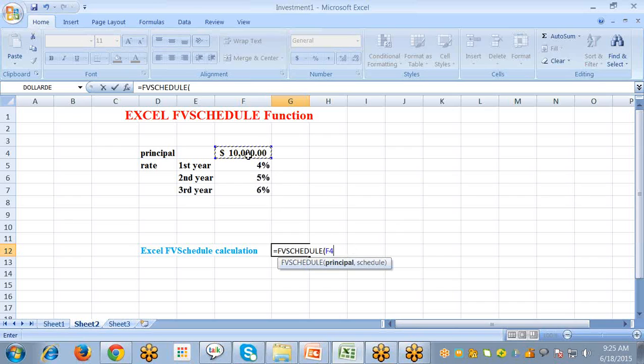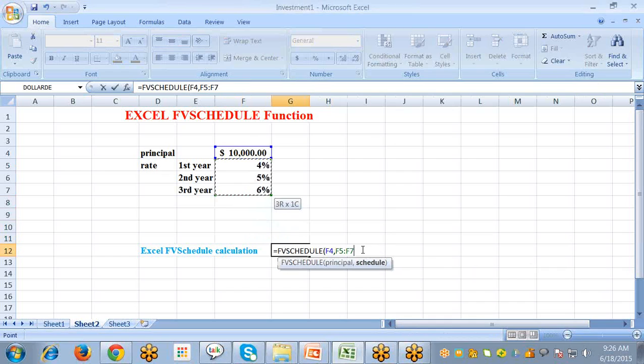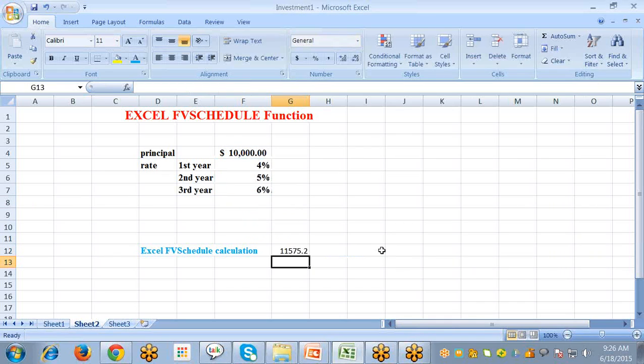First one is the principal, which is the 10,000, and pass the schedule list from this cell to this cell. Then write the closing parenthesis and then enter. So this value is the FV schedule value.